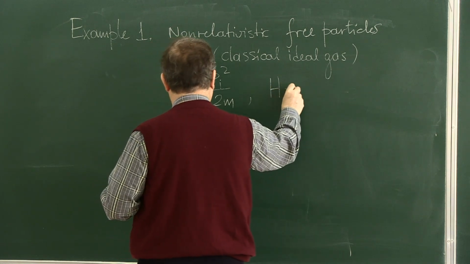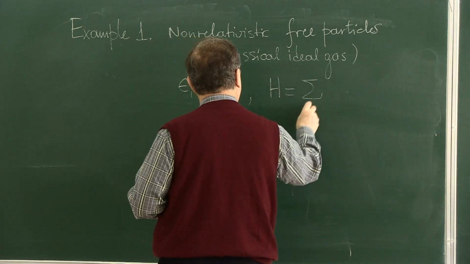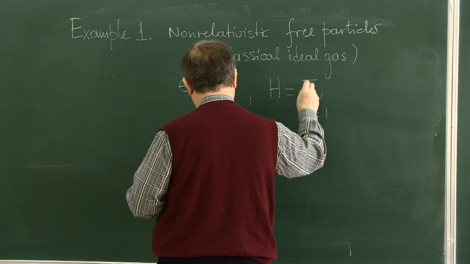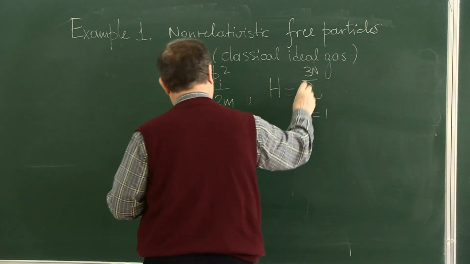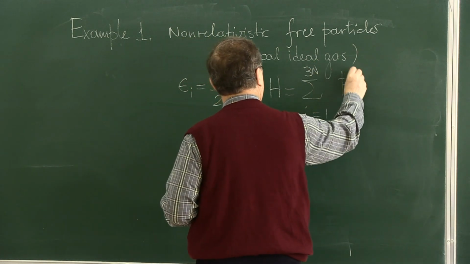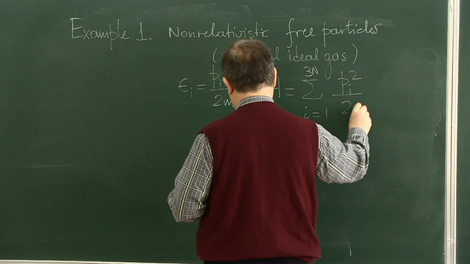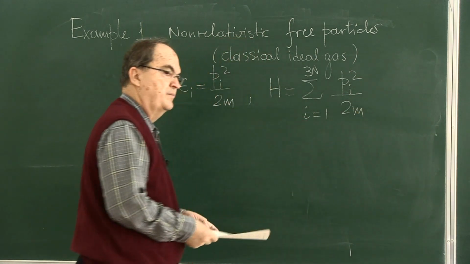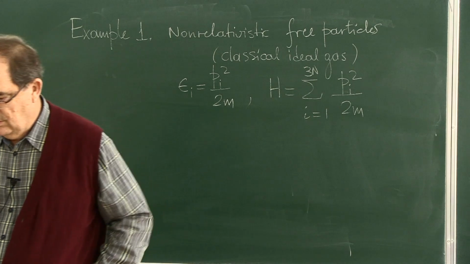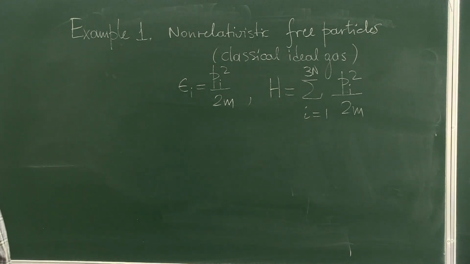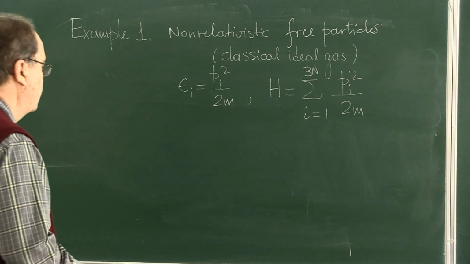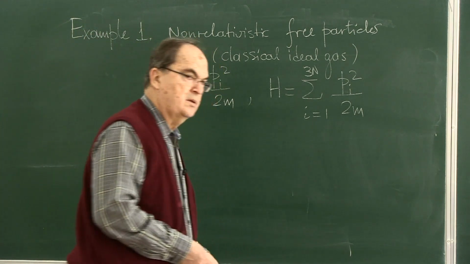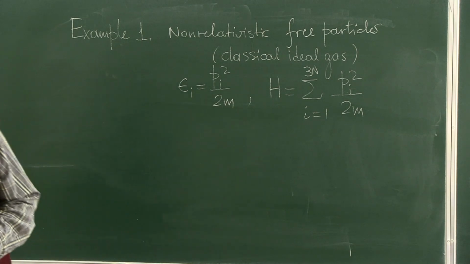And the Hamiltonian for the system is nothing but the sum over all these kinetic energies. Particles are considered to have the same mass, a collection of identical particles. That's the Hamiltonian.